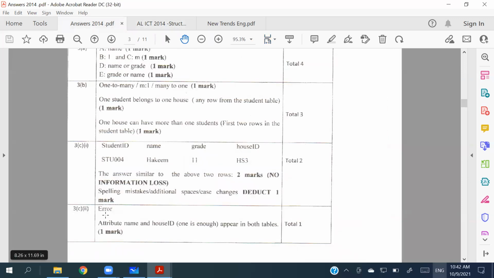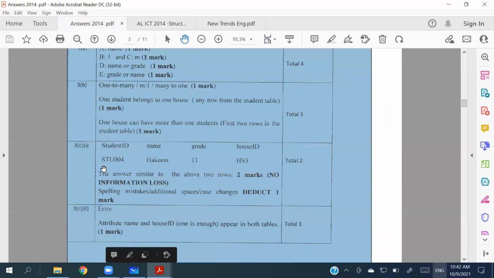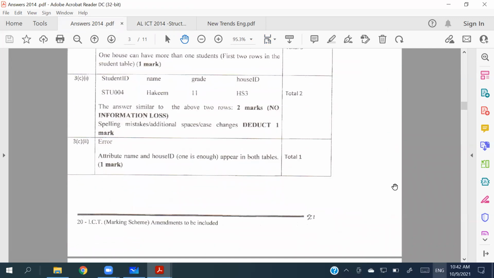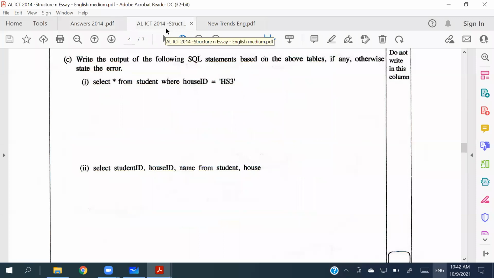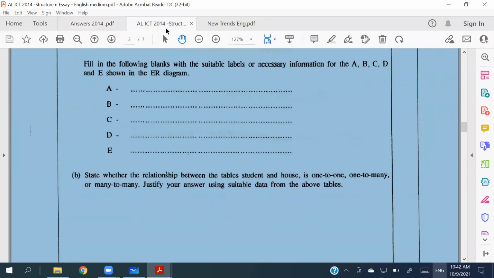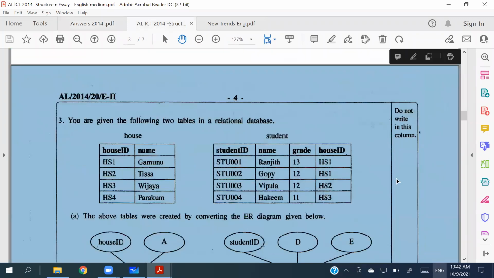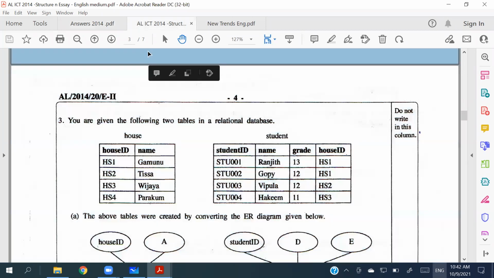They say it's an error. And how they have said it: attribute name and house ID, 1 is enough, appears in both tables. Even name appears in both the tables, so we got name in the house as well as name in the student.